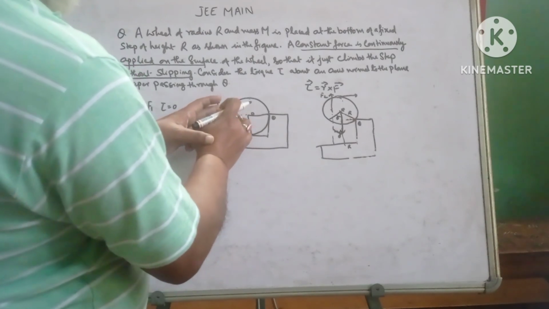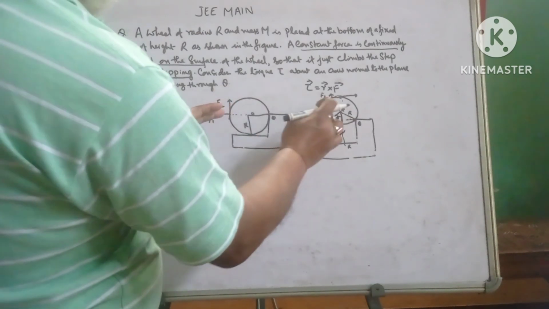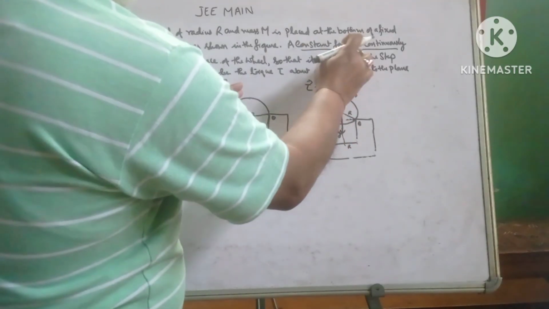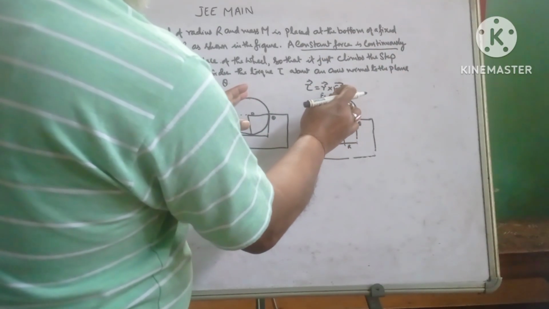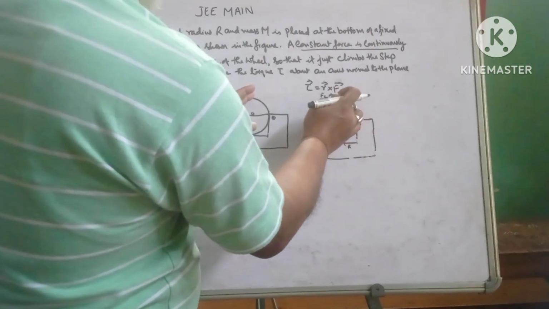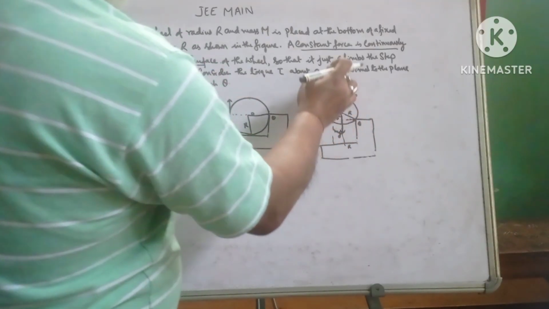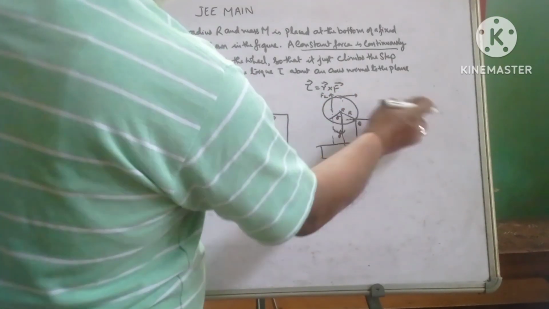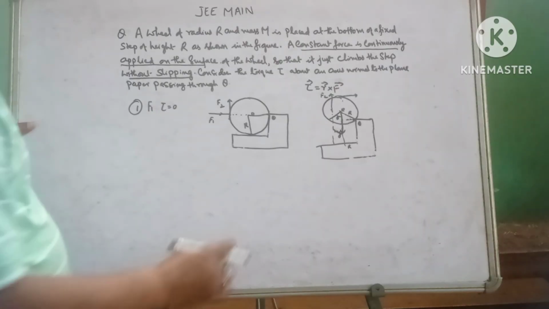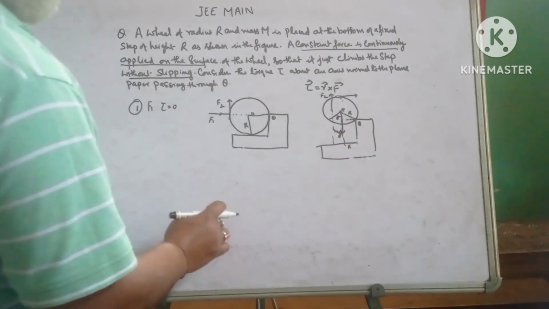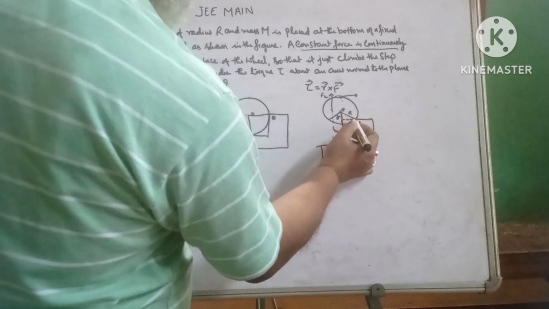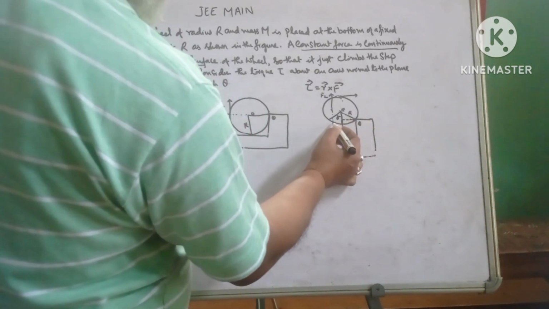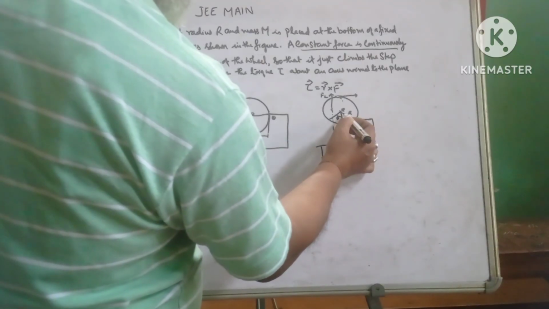So when it moves upward, the force will be in the upward direction, but because you are applying it continuously, later on this will become a force like this. This will be upward, and later on this force will become like this, and it will move out of this step. So this ball has moved through an angle theta.